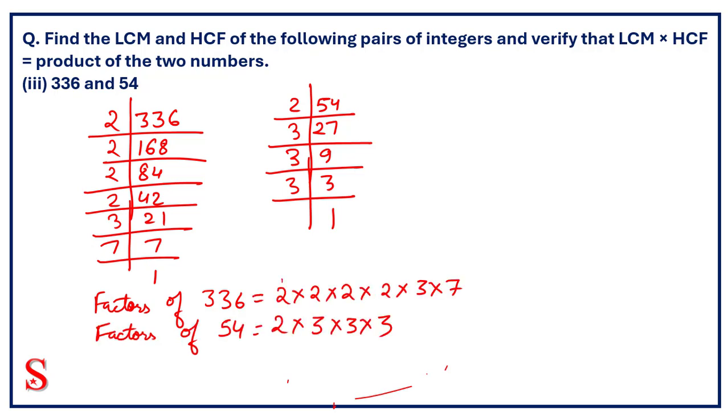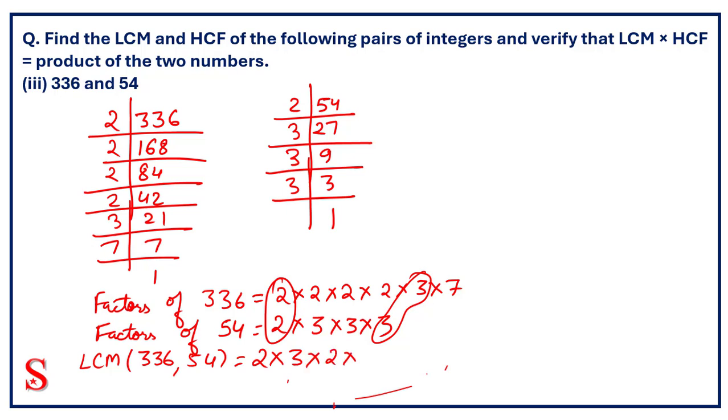So here we have common factors, first 2 and then 3. So here the LCM of 336 and 54 would be 2 multiplied by 3 and then the leftover numbers. Again, it's going to be a huge calculation, so we have to multiply all these factors, which is 3024. Alright, so now we'll find out the HCF.